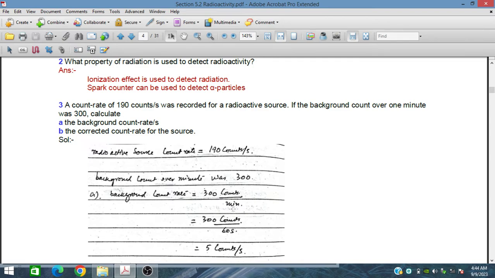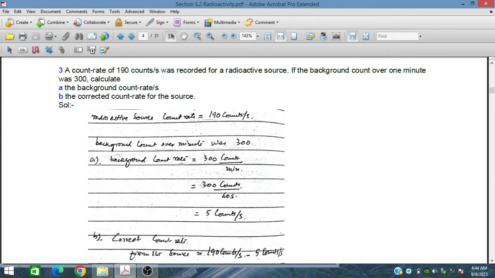300 counts per minute means over 60 seconds. So the background count is 300 divided by 60, which is 5 counts per second, equivalent to 300 counts per minute.